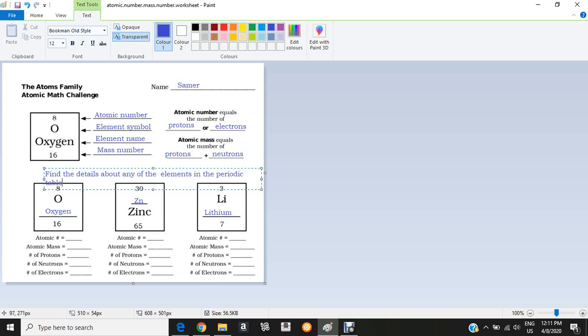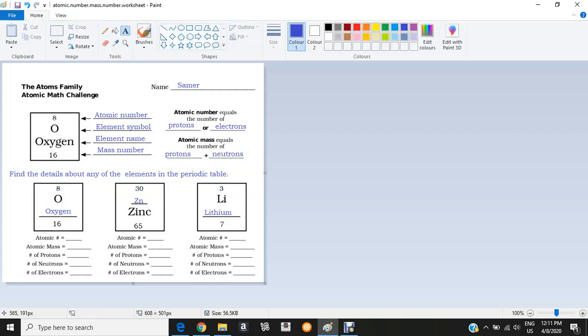And that table is very important. I will add a copy to this worksheet in a moment, but you can find all those details in a copy of the periodic table. Each of the boxes in the periodic table belongs to a certain element.